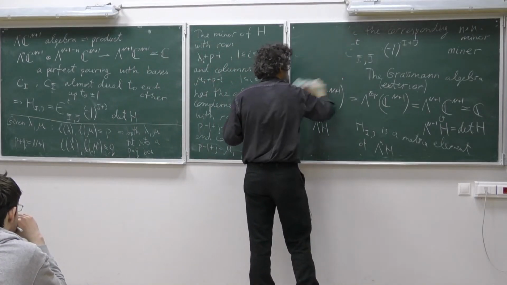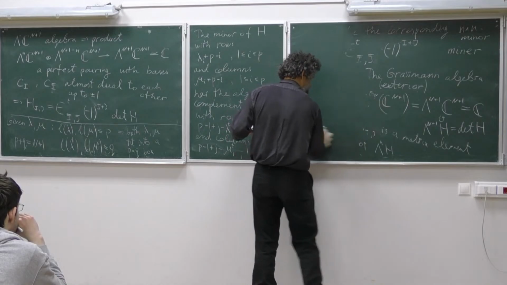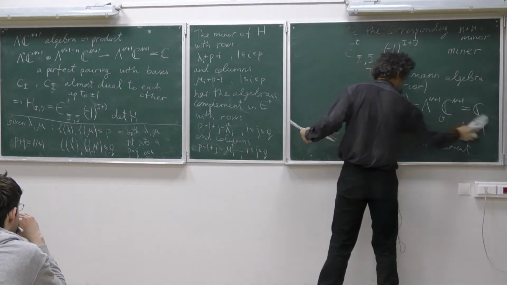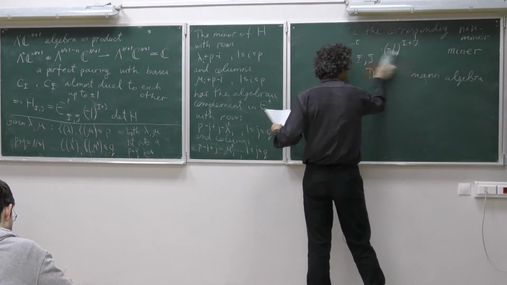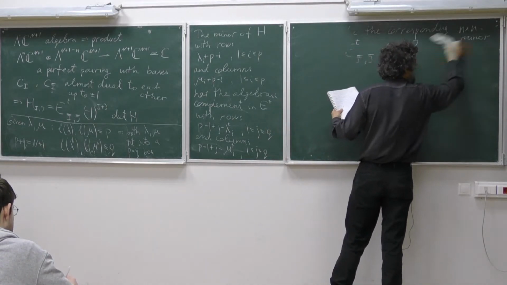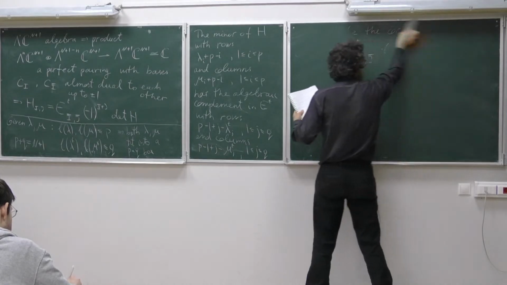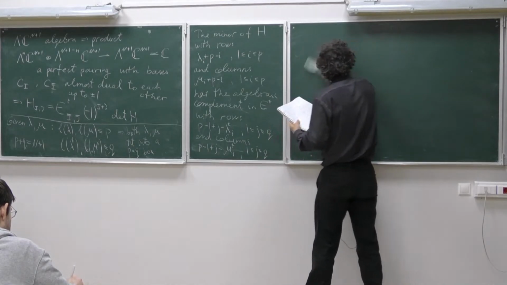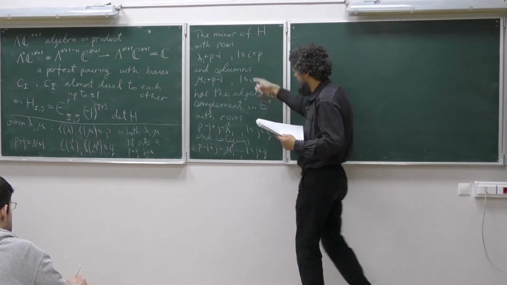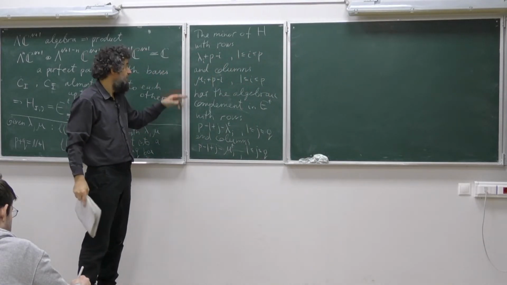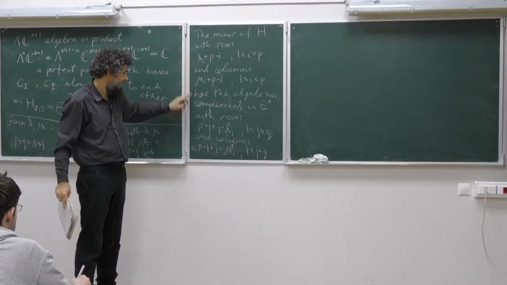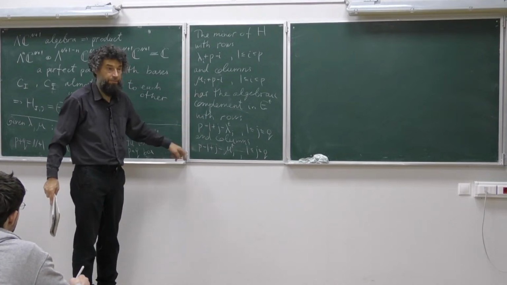Since we know that the complementary minors do coincide, the only problem is to recognize that those two minors are really complementary. That if this is I J, then this is I bar J bar.